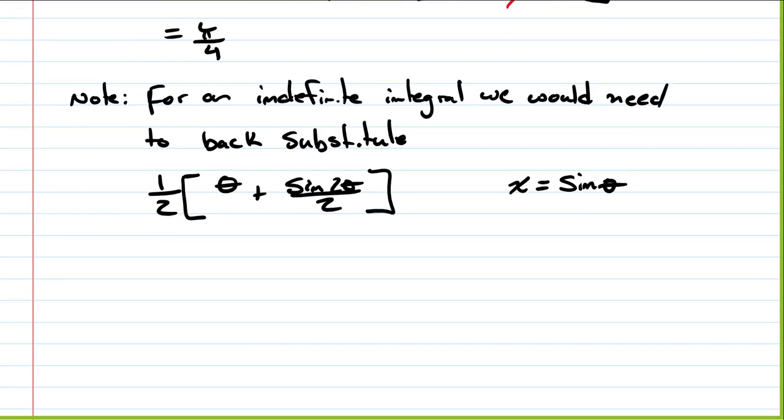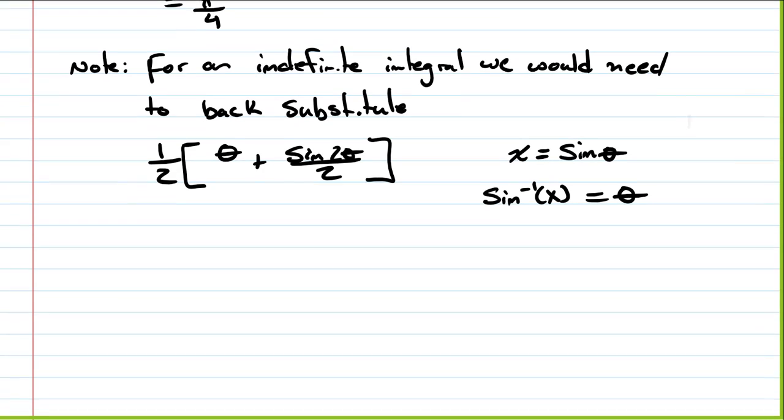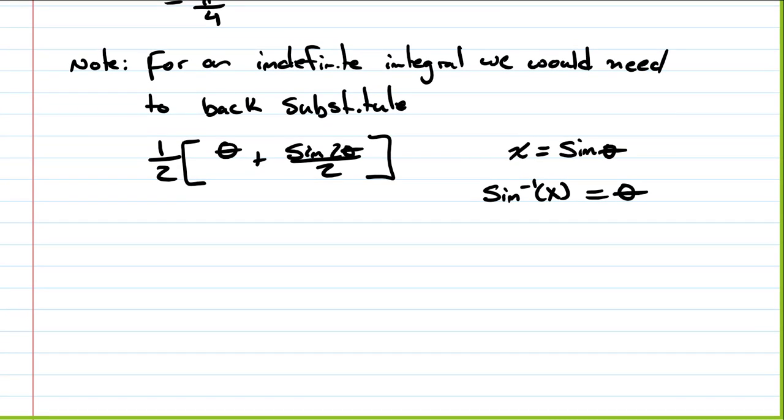And we need to get back to x's. So to get our first one, we can actually just solve this equation for theta by taking the inverse sine of both sides. So the inverse sine of x would be equal to theta, right? Because if we take the inverse sine of both sides of that substitution, that's what we would get.